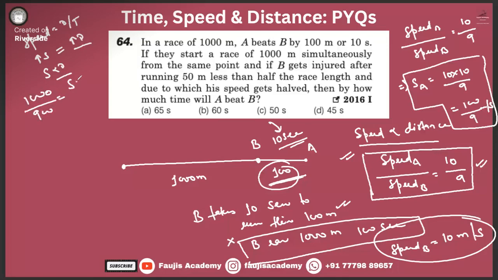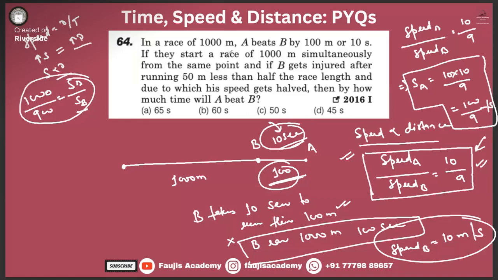That means this is the ratio of speed of A and speed of B. This is what we have written over here in short form. Yes, sir, we can solve it now. This 10 seconds, the doubt that you have: B takes another 10 seconds to bridge this gap. This is the meaning over here.